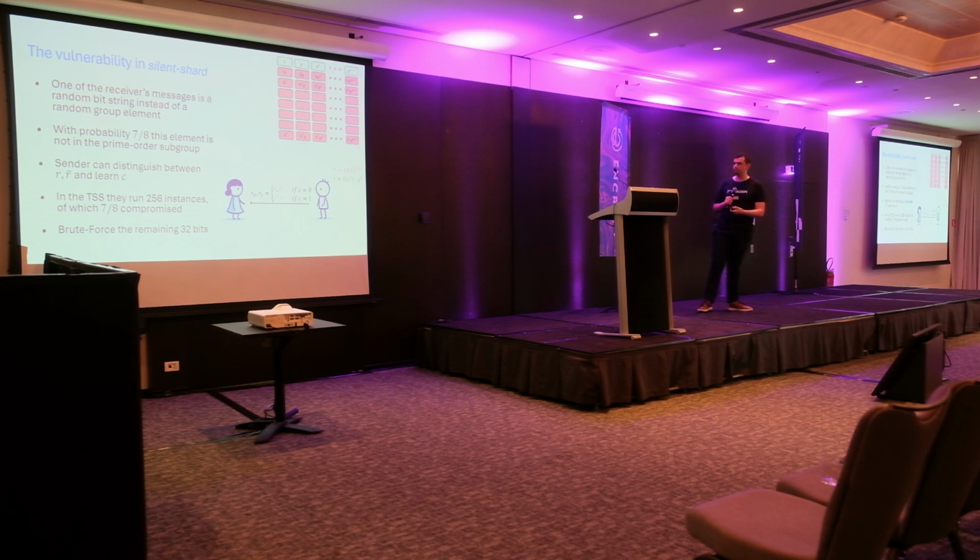So let's go back to the Mesanr protocol. And you can see that R and R prime should be generated as random group elements so that they are indistinguishable.